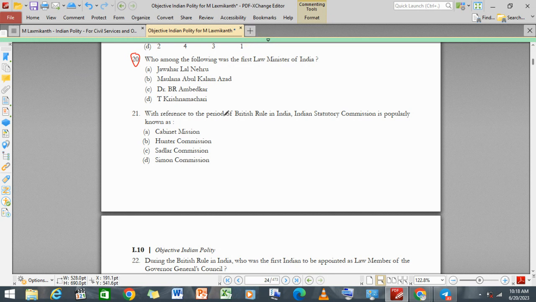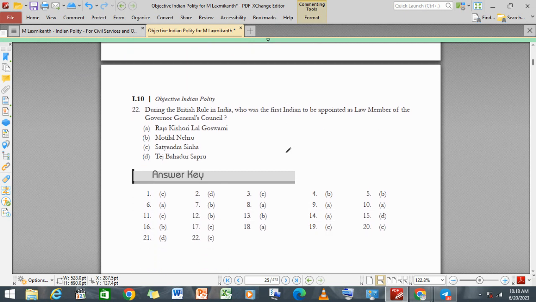Now, with reference to the period of British rule in India, the Indian Statutory Commission is popularly known as the Simon Commission because the Britishers sent such a statutory commission. It was said to be sent in 1929, but it came earlier, in 1927, which led to revolt and the cry of Simon Go Back.